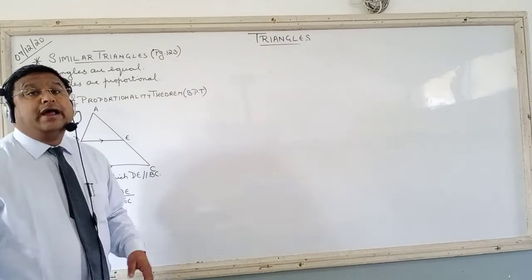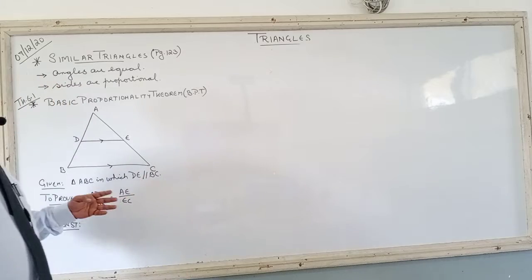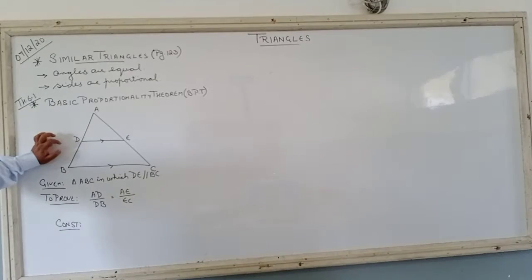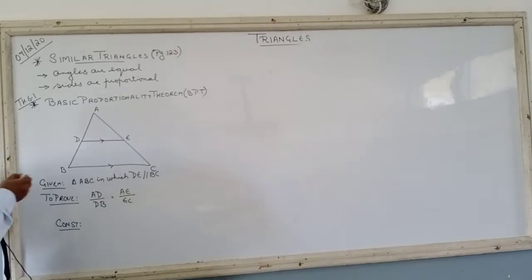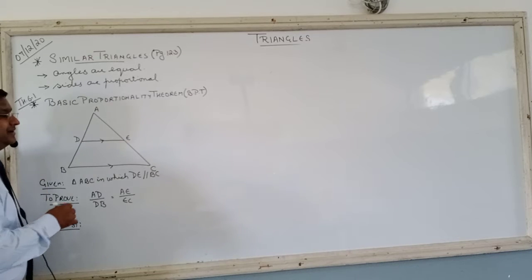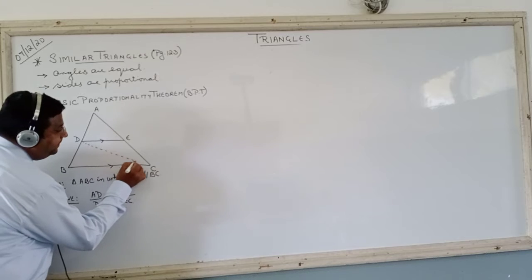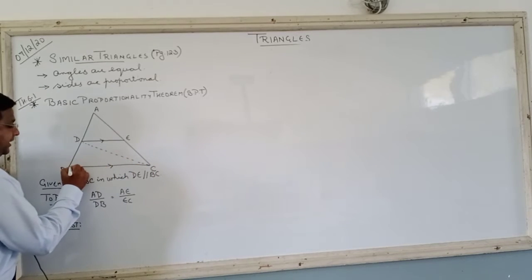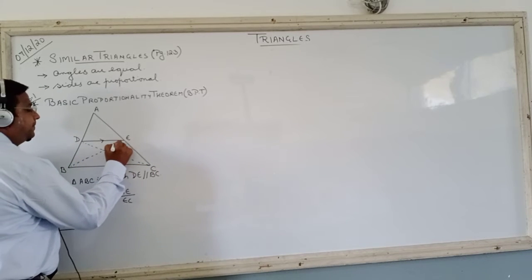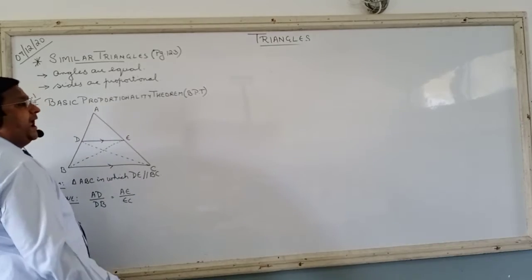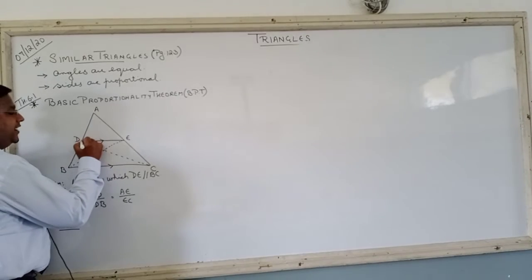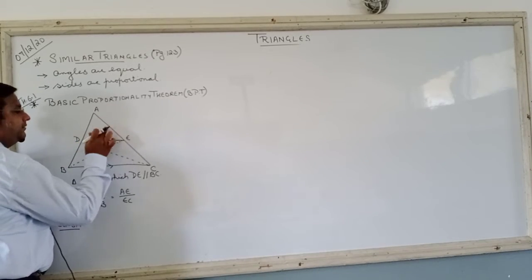Agreed, but how and why? That is what we are going to prove over here. How? Pay attention. We are going to join the vertex D to the vertex C and E to the vertex B. Clear? And from D, we are going to drop a perpendicular.